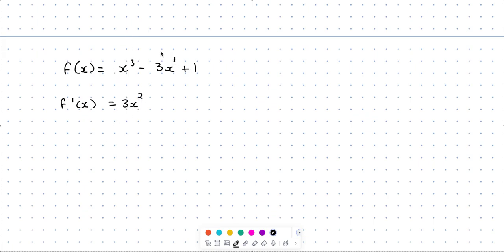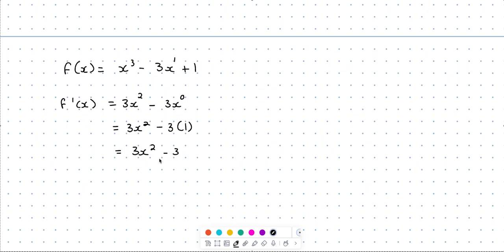This is x to the 1, multiplied down by the power, minus 3, take 1 off the power to get the power of 0. Constants, gone. We simplify further to 3x squared, and you have to remember that x to the power of 0 is 1, so we have 3 by 1, which is just 3. So we get 3x squared minus 3.